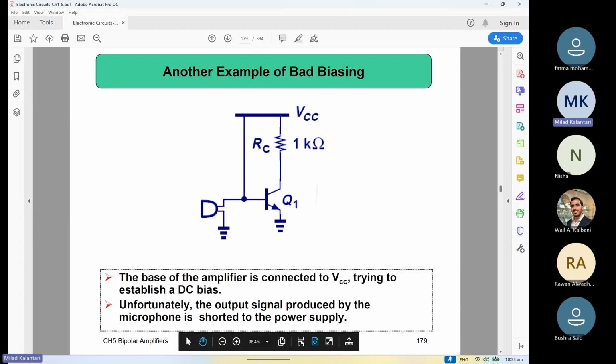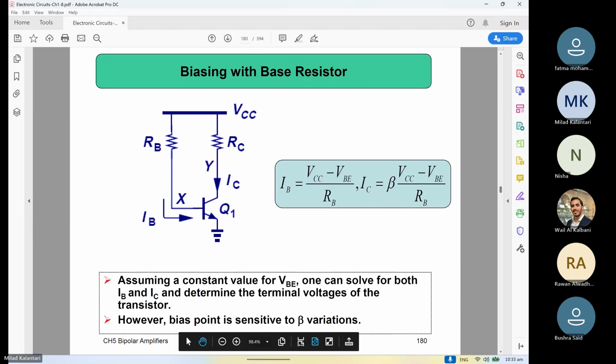How can we confine the current of the base? You can put some resistor in series with the diode so that you are able to fix the base current, basically. So for this type of bias, we have the base resistor, right? What is the base current?